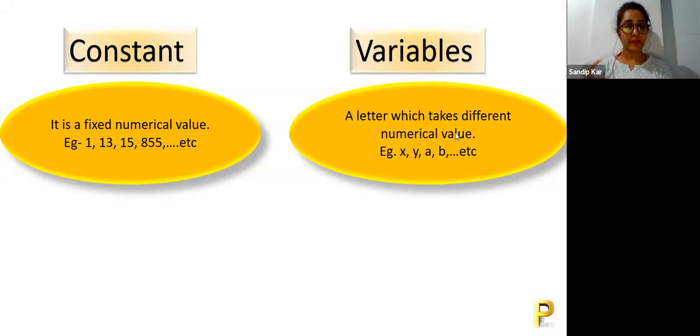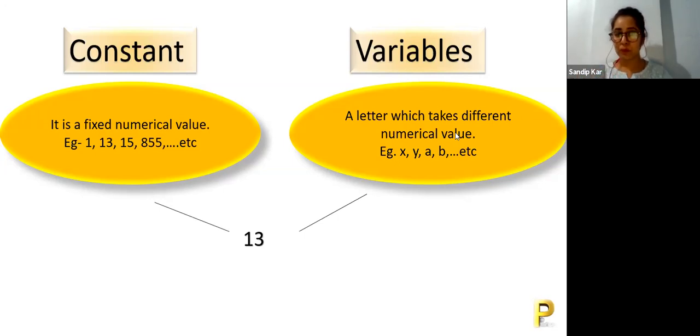But a variable can be x, y, a, b, any alphabet from A to Z, and the values of those alphabets can change. Like if you put a value of x as 1, the next time you can put it as 5. So the variables can change according to the values you take. Constants are the fixed numerical values and variables are letters.